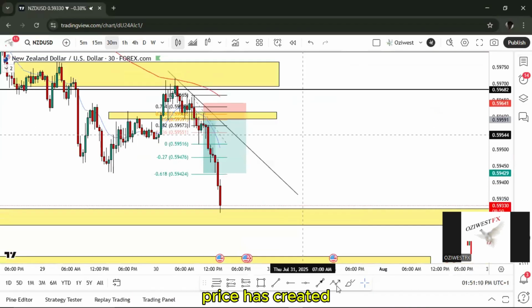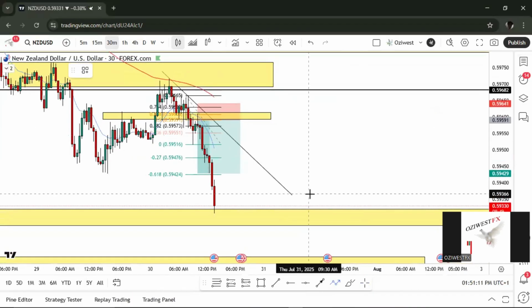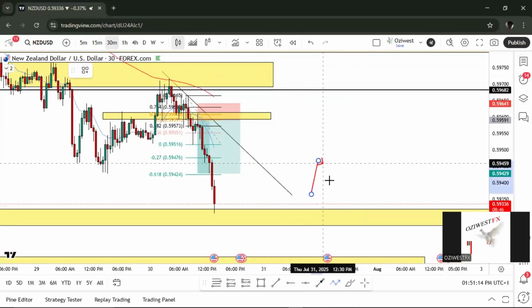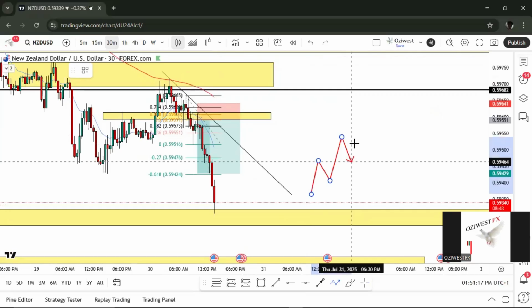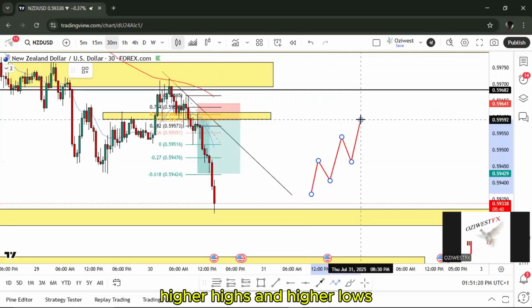Price has created a bullish move, higher highs and higher lows.